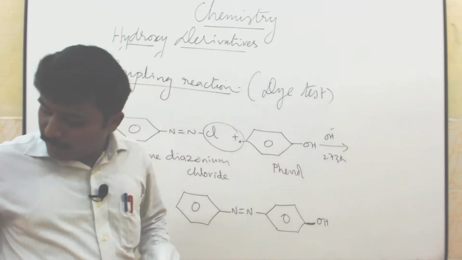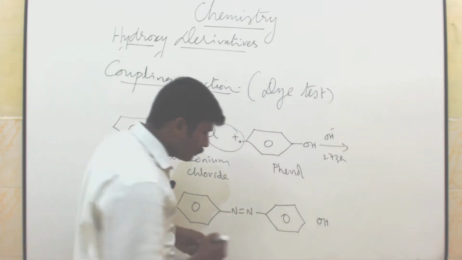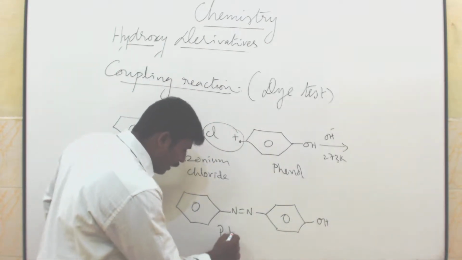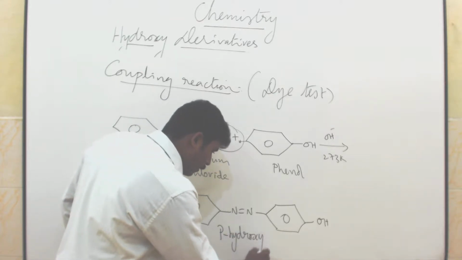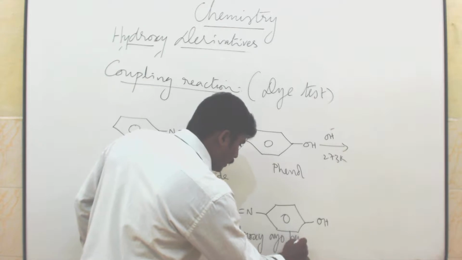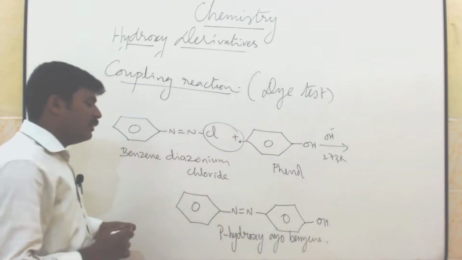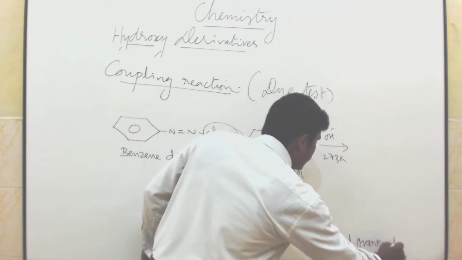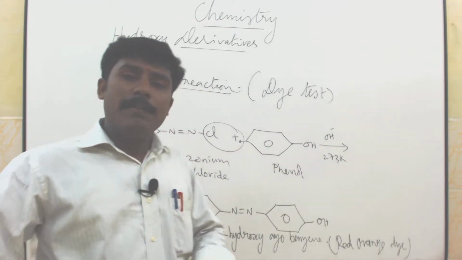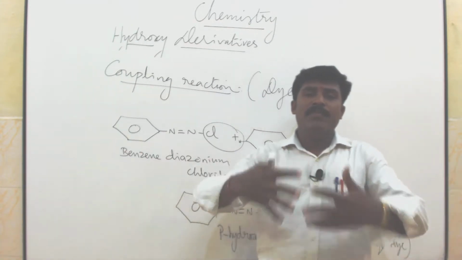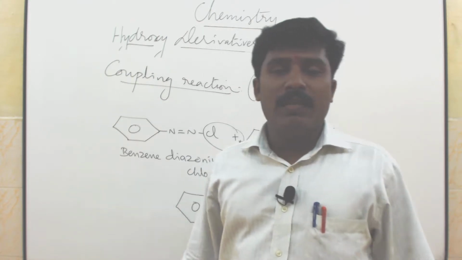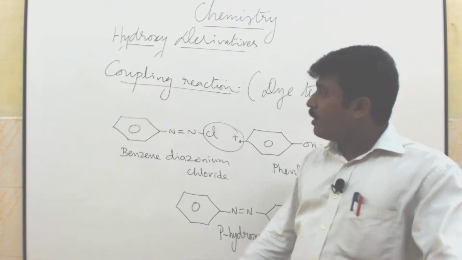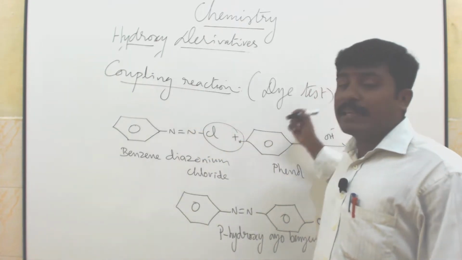So the para position has hydroxy, named para hydroxyazobenzene, a red-orange color dye. Very important reaction, namely the coupling reaction. Benzene diazonium chloride couples with phenol in the presence of base at 273 Kelvin to form para hydroxyazobenzene, a red-orange dye. So they can ask what is coupling reaction, or the dye formation reaction also.